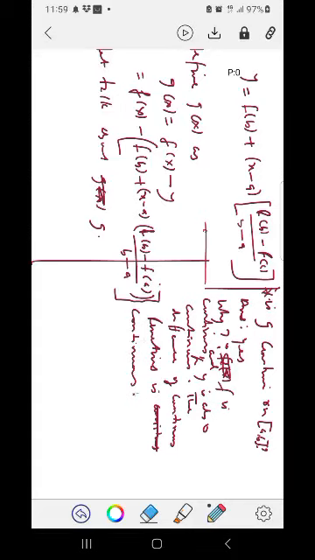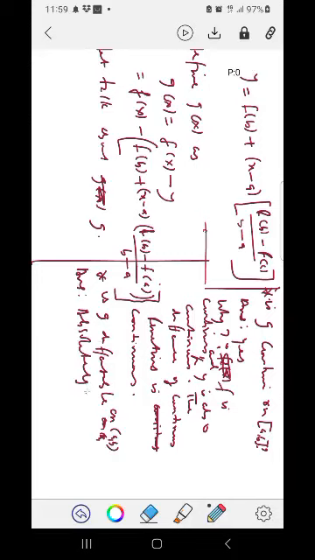Is this differentiable? Absolutely. That's the second one. Is g differentiable on [a, b]? Answer: absolutely. Following the same instruction, f(x) is differentiable on [a, b].